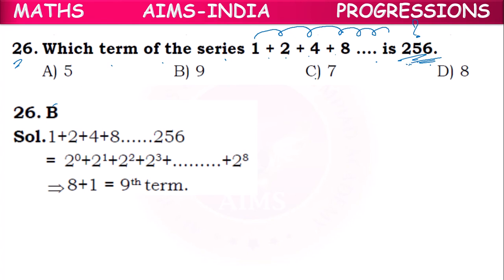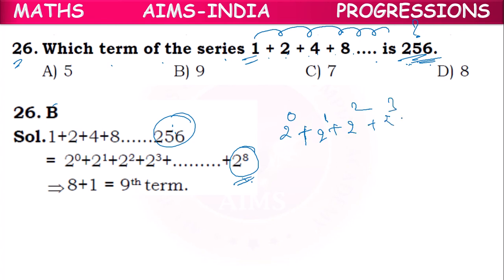Here 256 is nothing but 2 power 8. 1 we can write as 2 power 0, 2 means 2 power 1, 4 means 2 square, 8 means 2 cube and so on.